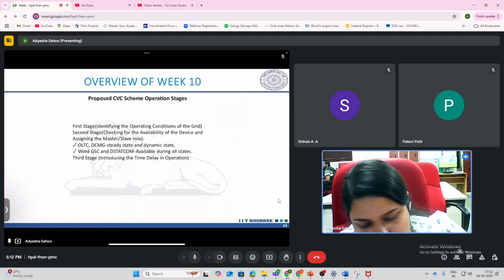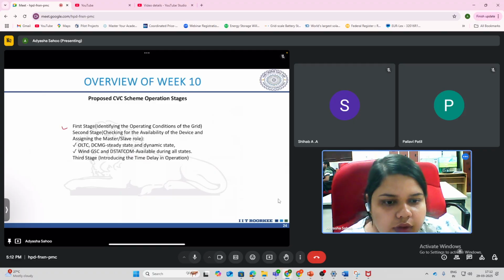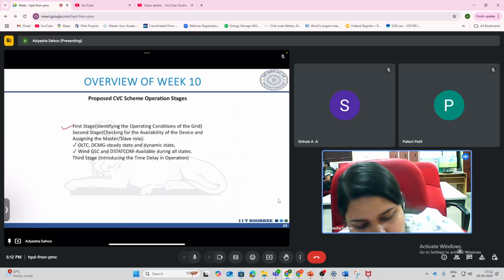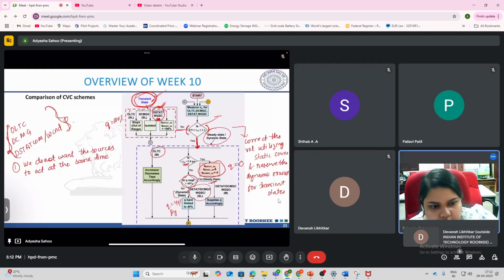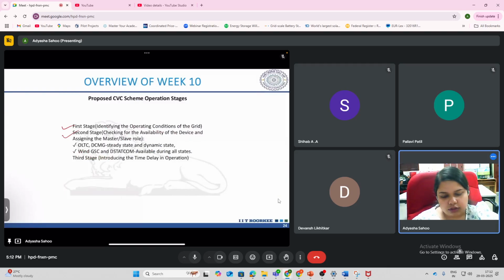So what are the operating stages? First stage, we are identifying the condition of the grid. After that we are checking the availability of the devices and checking whether they are in the master role or slave role.